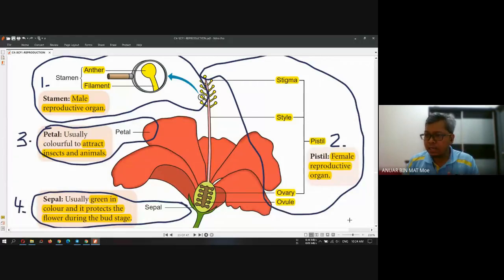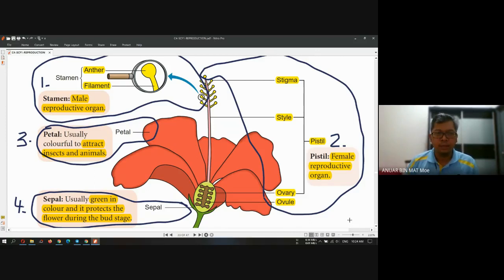The only structures involved in reproduction are number 1 and number 2. Number 1 is stamen, which is male, and number 2 is pistil, the female reproductive organ. So you understand this? Make sure you understand the whole names and structure of the flower.